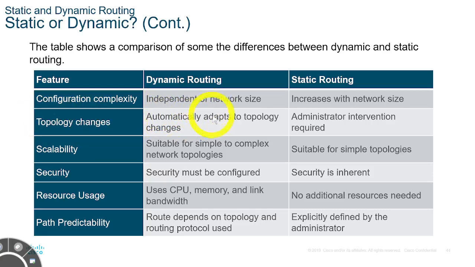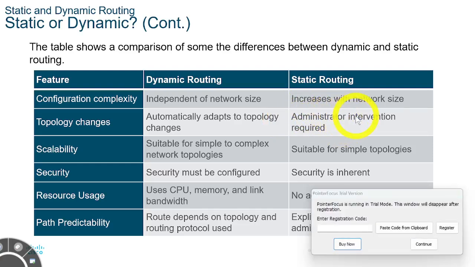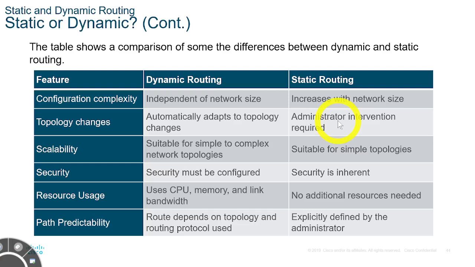For topology changes, dynamic routing automatically adapts, because the dynamic routing protocols know about the change and transmit updates to their neighbor routers, and each one updates its routing table based on it. However, with static networks, the network administrator or engineer should go and reconfigure the topology change.